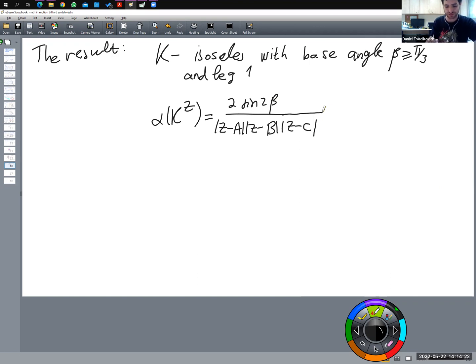So I think about z as a complex number, and A, B, C are the vertices.